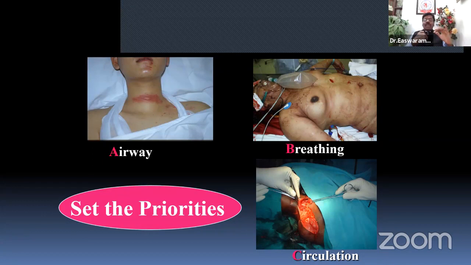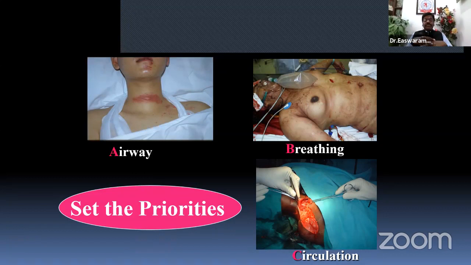Look at the trachea for deviation to the other side, or put a stethoscope and see whether breath sounds are absent or present, or do a percussion also. So by inspecting, quickly palpating, percussing and auscultating, you come to a conclusion about the reason for the breathing difficulty. Is it a pneumothorax, air in the pleural cavity? Hemothorax, blood in the pleural cavity? Or what else is a cause for the breathing difficulty?